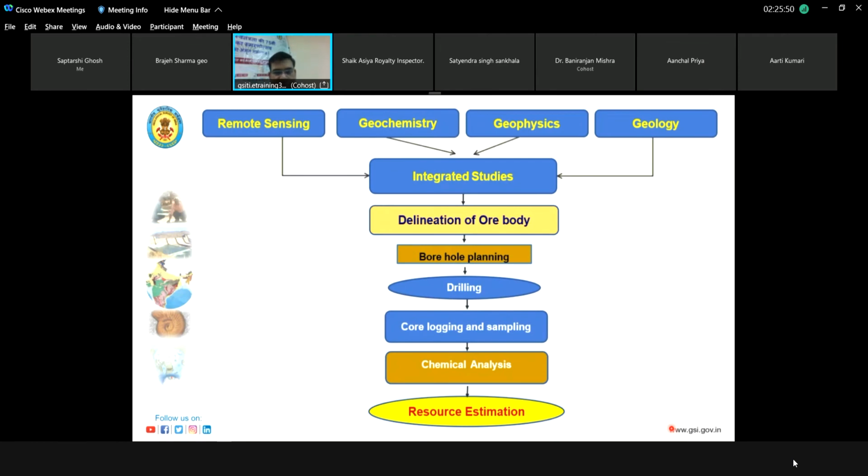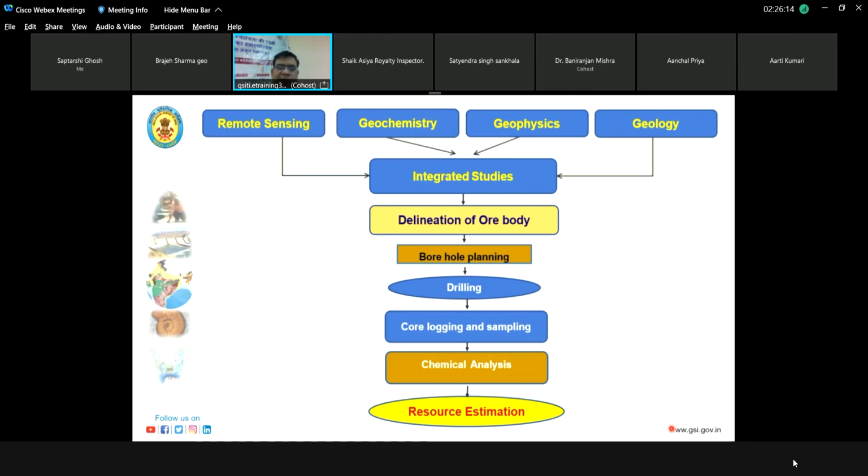Then some geophysical signatures, which may be superficial or subsurface, because nowadays if you go for a GPR survey, ground penetrating radar, then you can also find some depth persistence of the signatures you are getting on the surface. Then the geological data you got from the mining, your petrological studies, your sampling, like that.